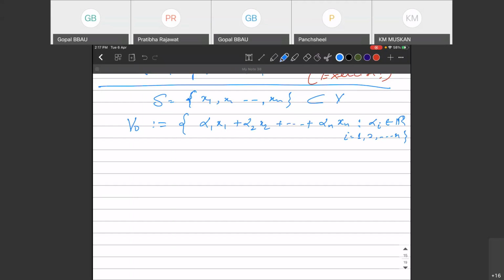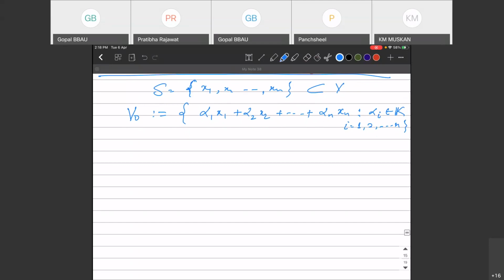Okay, so in this case, not just R, this is R1 when our base field is R. If our base field is K, then it would be K. K may be R or C, whatever field you are working in, that is the K. Okay, so we define V naught like this.